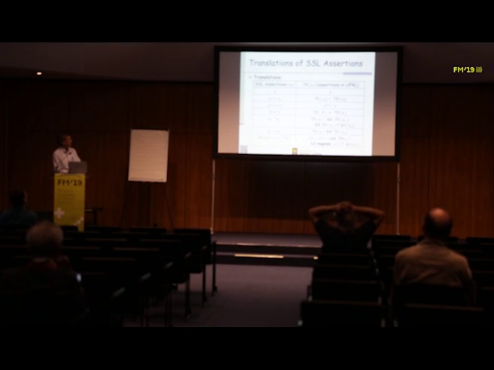The implication translates into implication of the translations. And the interesting part is the separating conjunction, which translates into a conjunction in the UFRL, also conjoined with a disjointness. So this says that the footprint of A1 has to be disjoint from the footprint of A2.